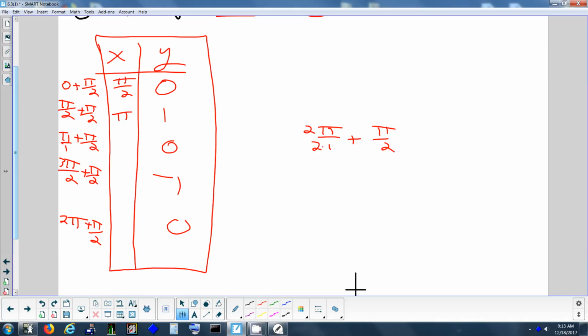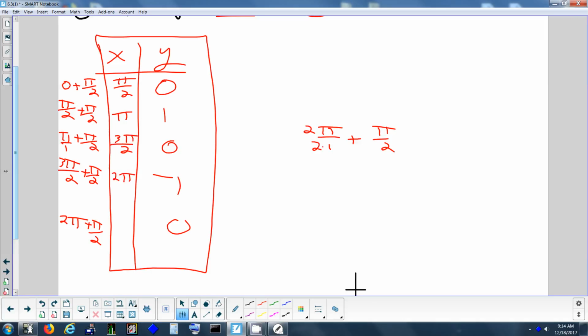What's 2 pi over 2 plus 1 pi over 2? 3 pi over 2. The next one, Tanya, I have 3 pi over 2 plus 1 pi over 2. How much does that give me? 4 pi over 2, which, again, I'm going to reduce to 2 pi.